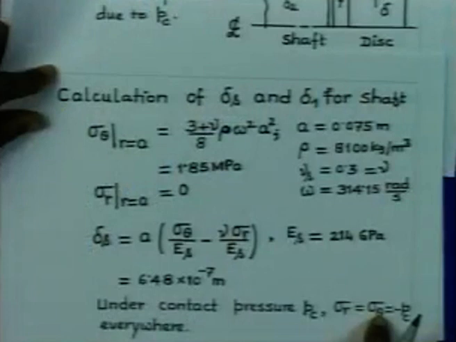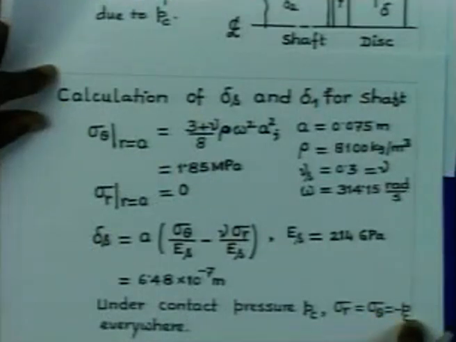Now, under contact pressure Pc, you can now realize, we discussed in our earlier lecture that the radial and tangential stress everywhere is going to be equal to minus Pc.